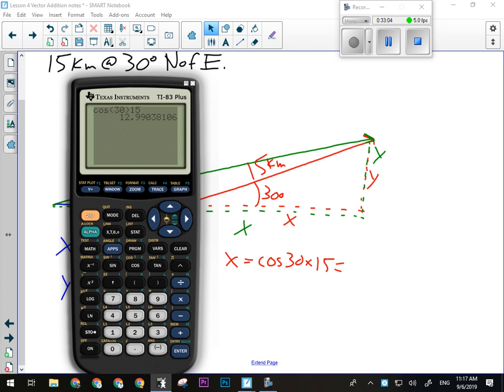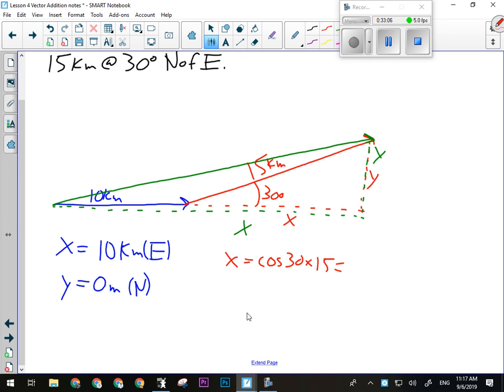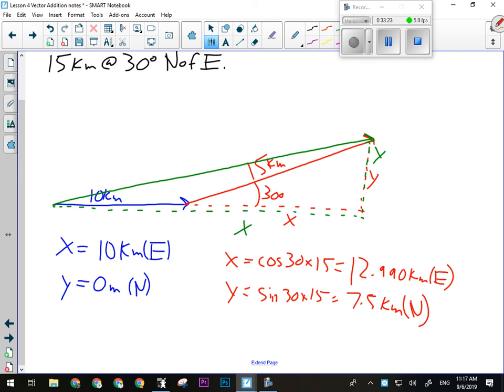That's going to be 12.990 kilometers, and that will be east. And then our Y component is the opposite side. Sine of 30 times 15 is 7.5 kilometers north.